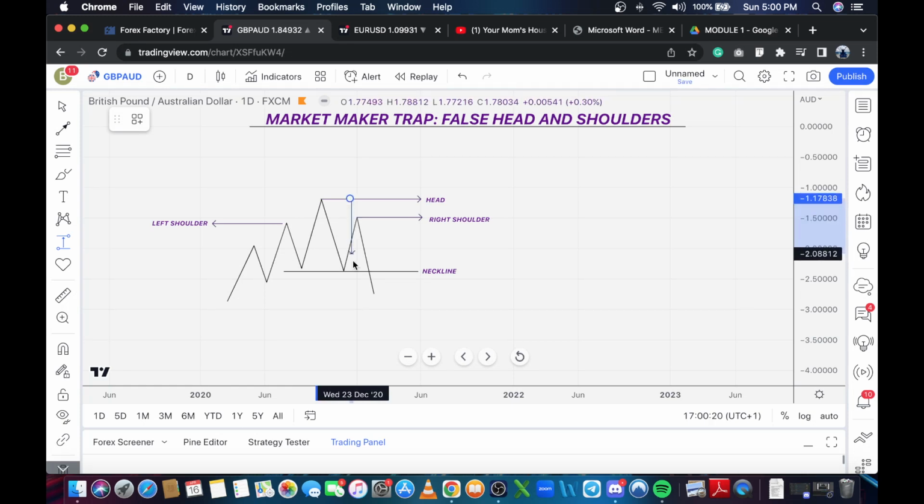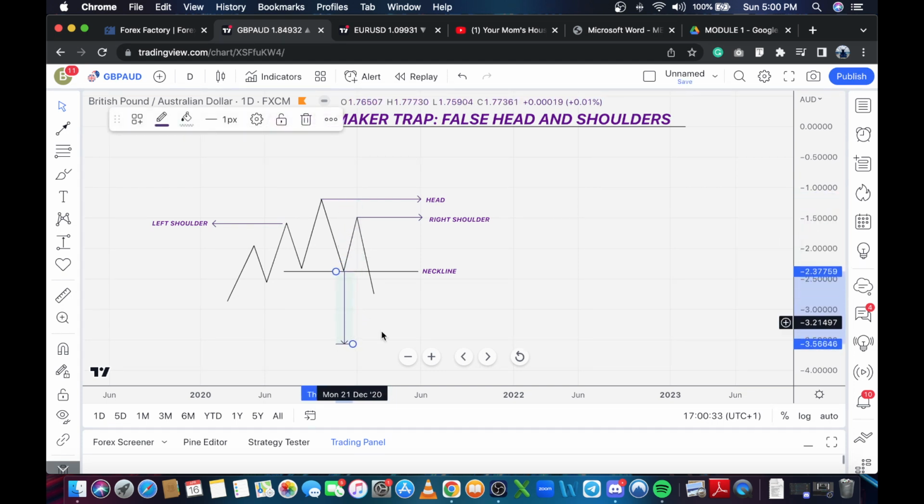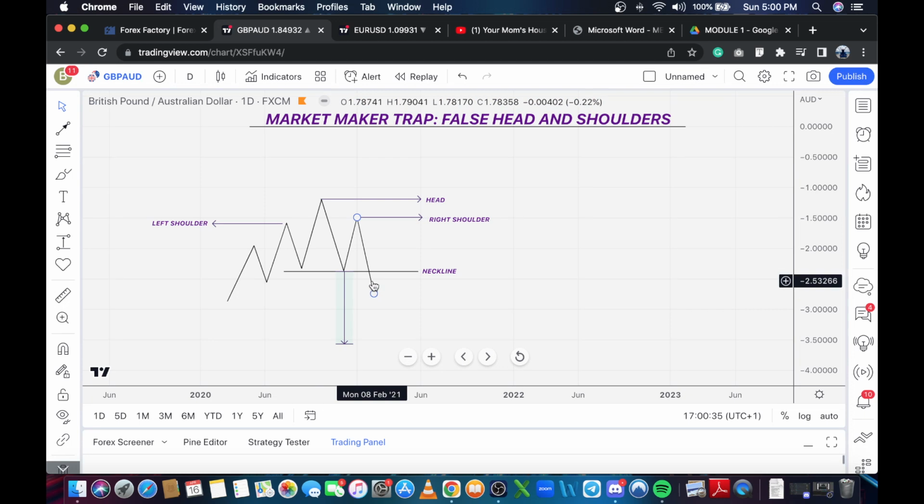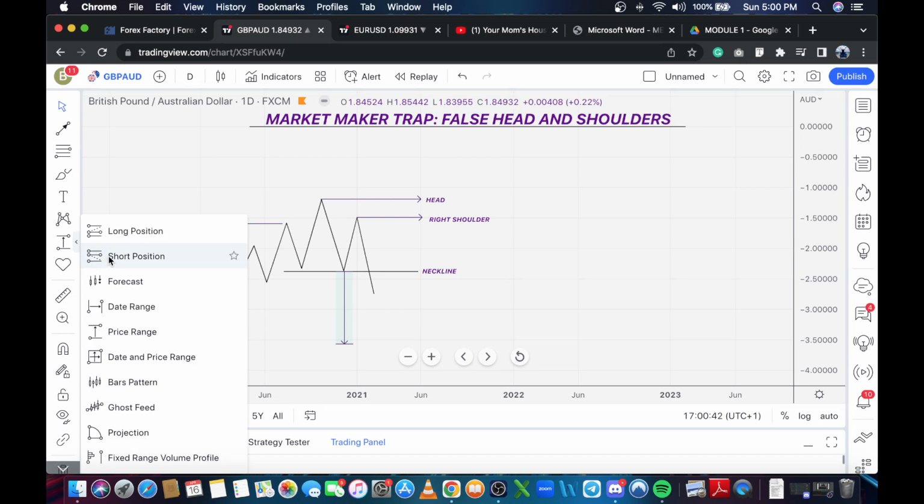So what retail does is they'll measure the range from the head or the shoulder, and then they'll project that from the neckline. So if price breaks below the neckline, they are triggered on a sell stop to go short, and their trade will look like this.